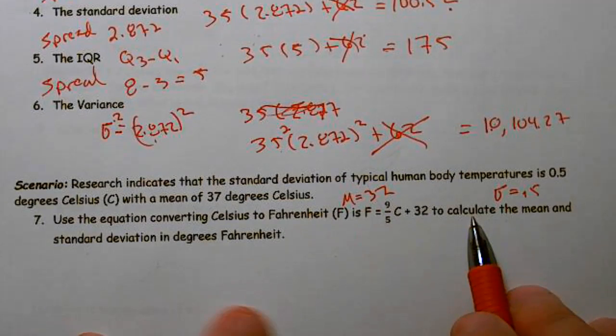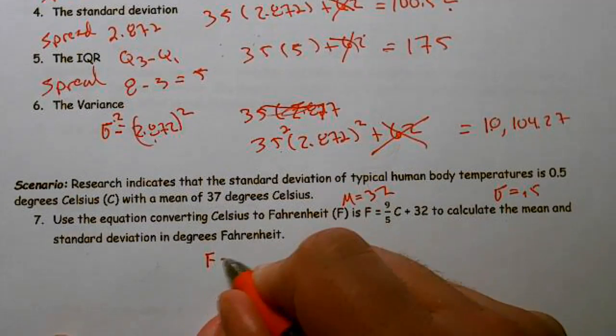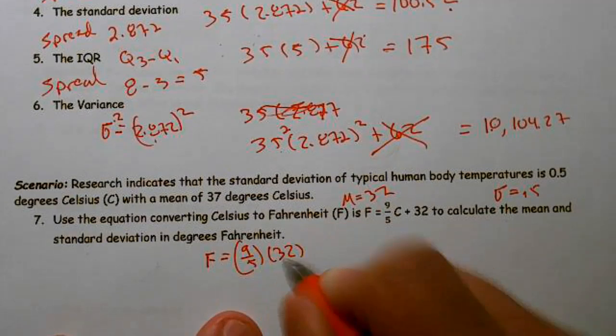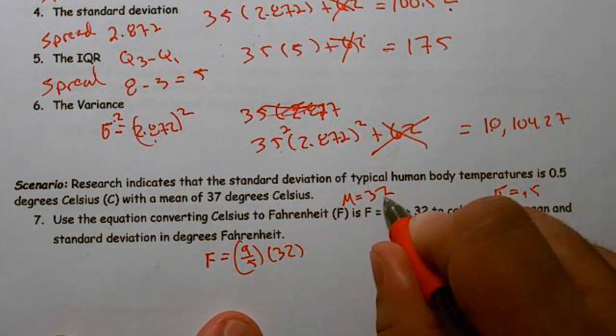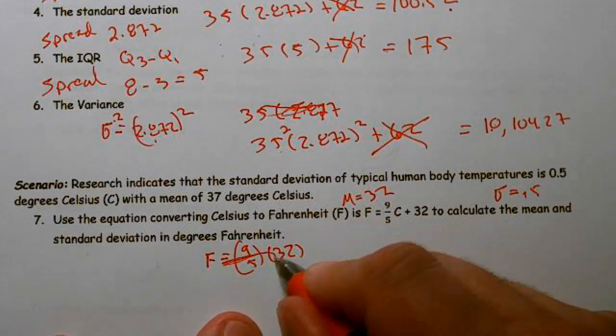So we'll start with the mean first. Excuse me, that should not be a 32, that should be a 37. Start over.